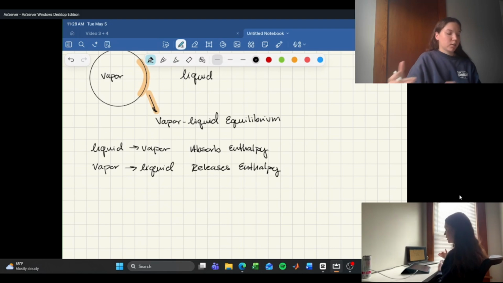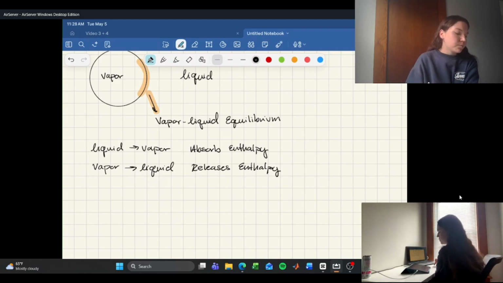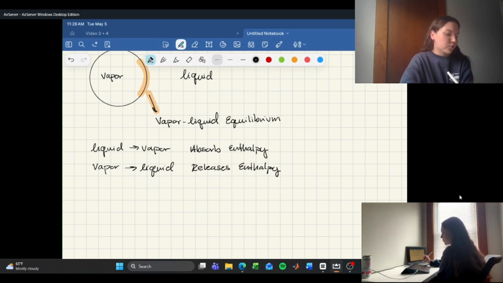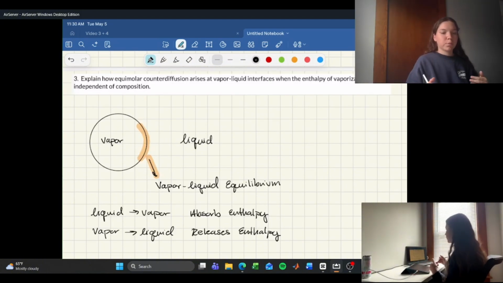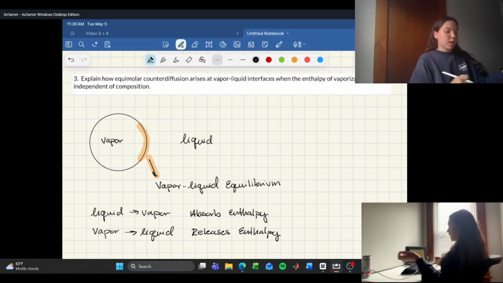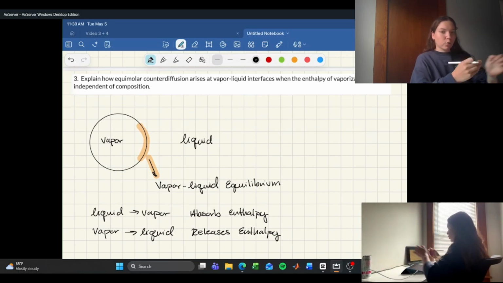So it's exchanging, like this change of enthalpy from liquid to vapor or vapor to liquid is going to be the same. So this change from liquid to vapor and vapor to liquid is going to be kind of like a continuous cycle.